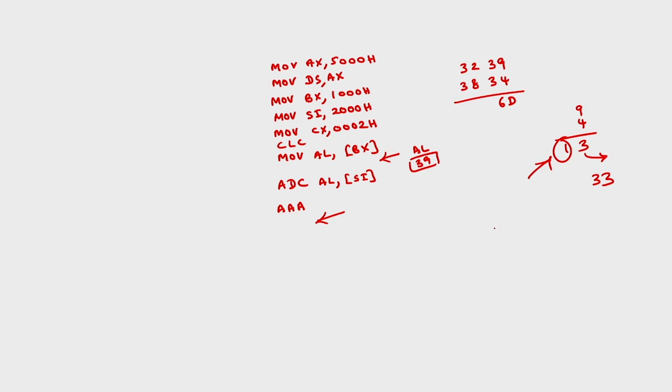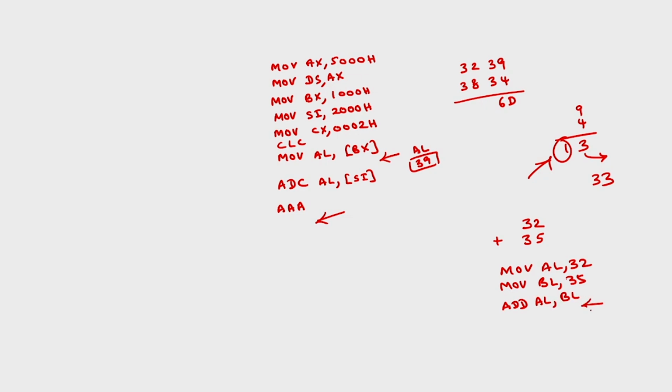I will repeat that again, that AAA instruction. So, in AAA instruction, if I add 2 ASCII numbers, say 32 plus 35, I am taking here an example without carry, so that it will be clear. Okay. So, if I want to add these two, move AL comma 32, move BL comma 35, add AL comma BL.